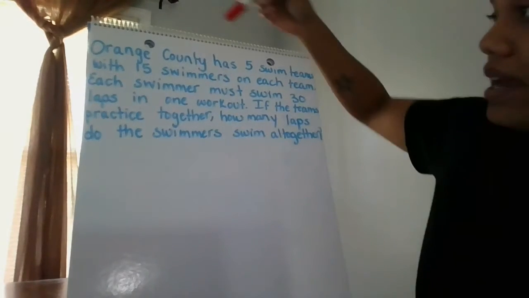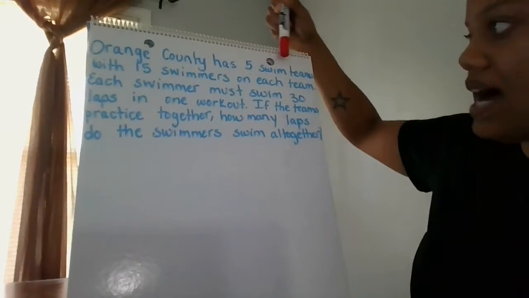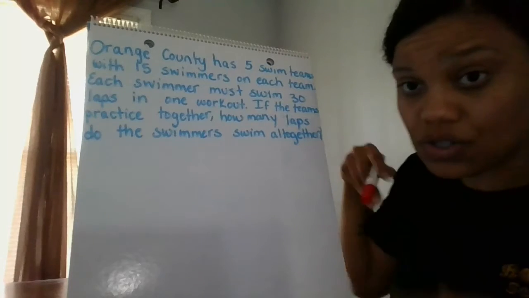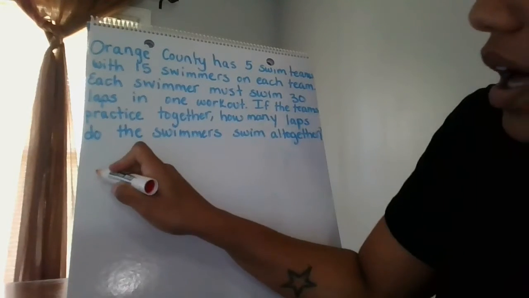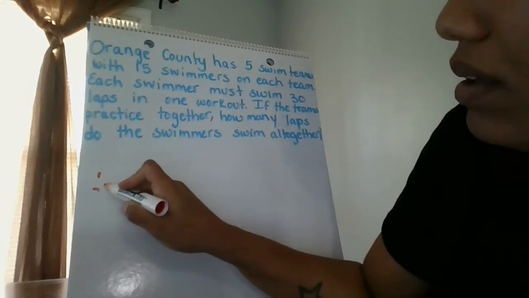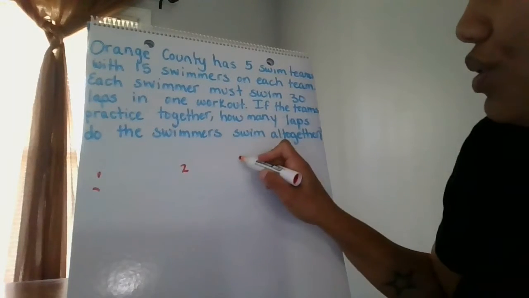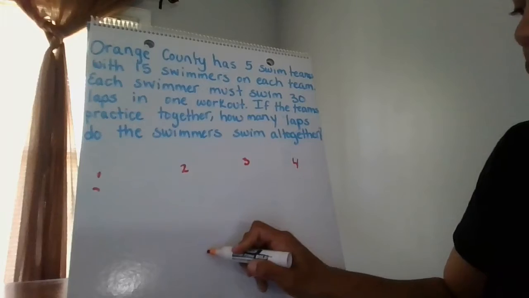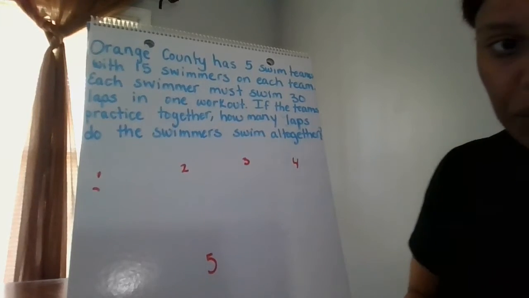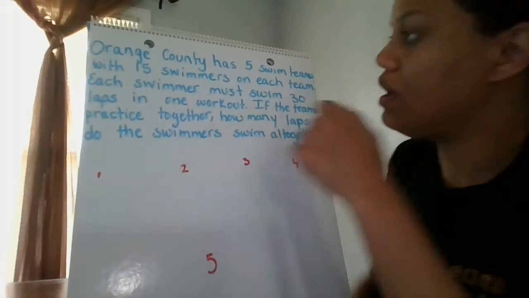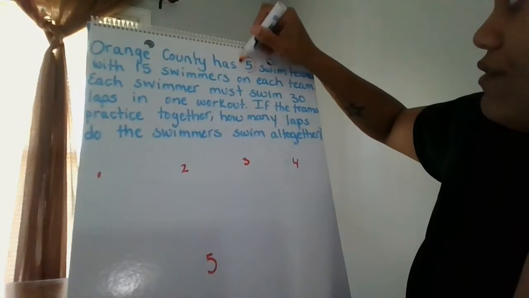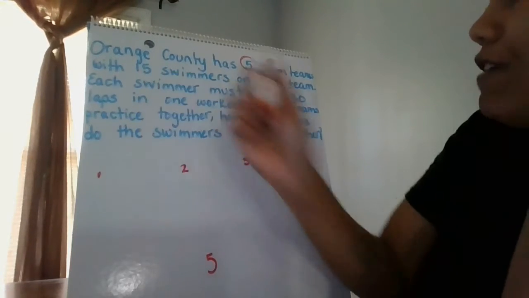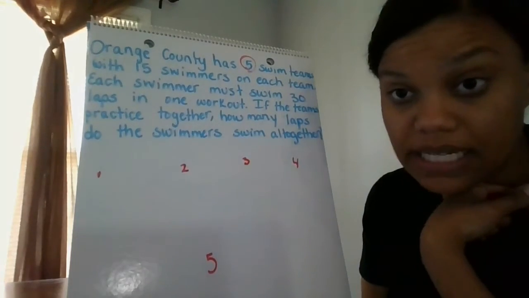So I'm going to start from the beginning. Orange County has 5 swim teams. Well, I'm going to go ahead and draw a visual of maybe swim team 1, swim team 2, 3, 4, and swim team 5, okay? Now, it tells me with these 5 swim teams, they have 15 swimmers on each team.